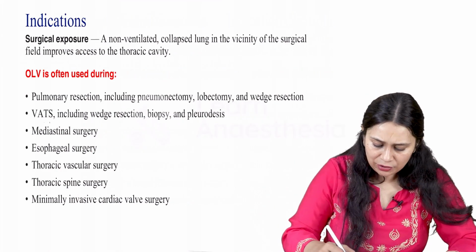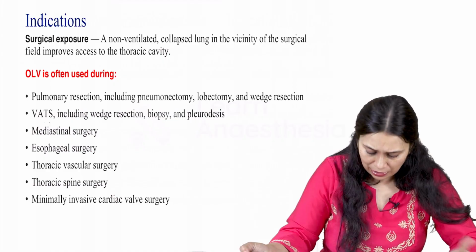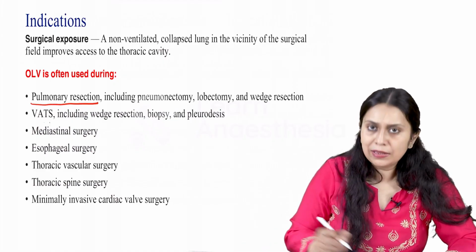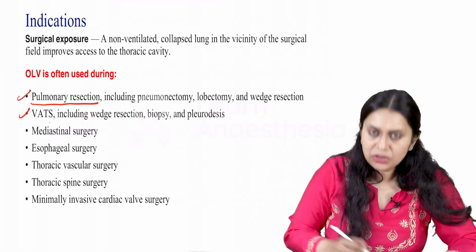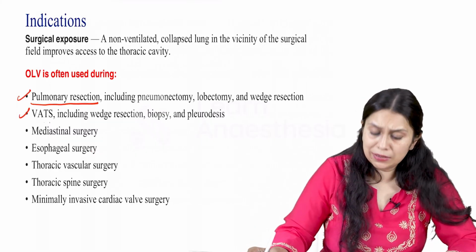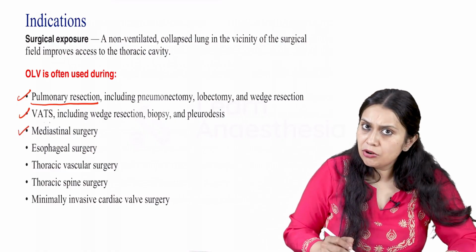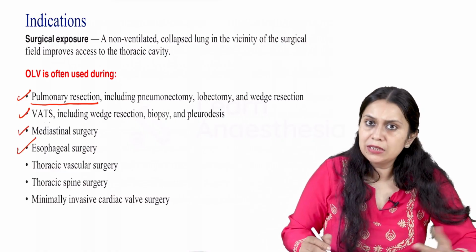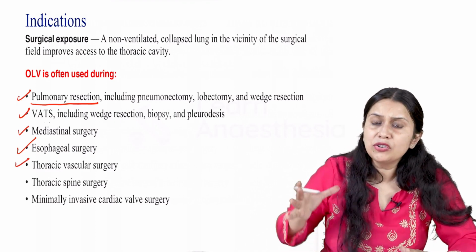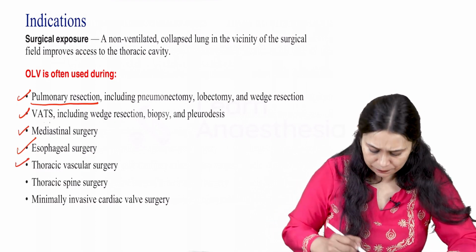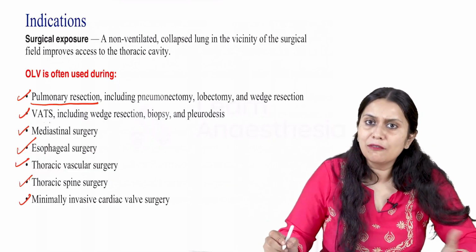So the indications for those kind of surgeries are the pulmonary resections like pneumonectomy, lobectomy, or wedge resection that we practice, VATS procedure, that is video assisted thoracic surgeries, mediastinal surgeries, esophageal surgeries, thoracic aneurysm surgery, then your thoracic spine surgery when we go for the anterior approach, then minimally invasive cardiac valve surgery.